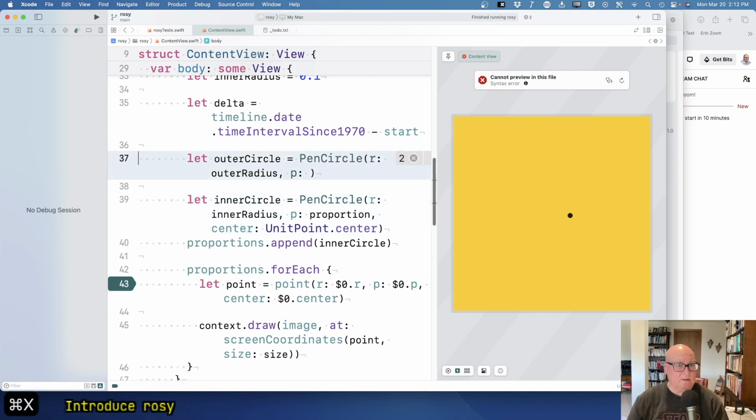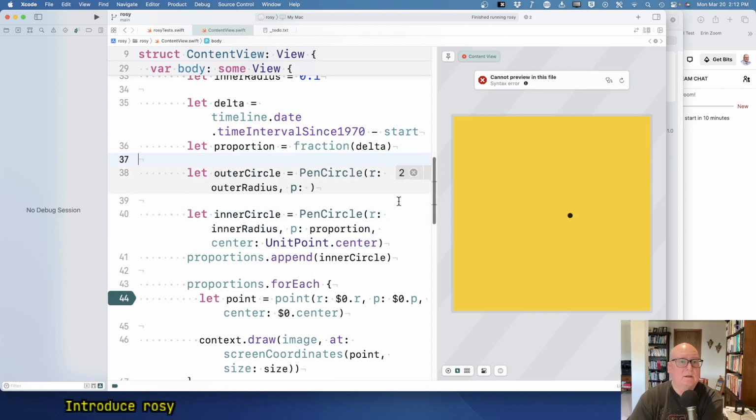This is the thing that's interesting to us from delta. I think we could probably encapsulate that too. The radius is outer radius.